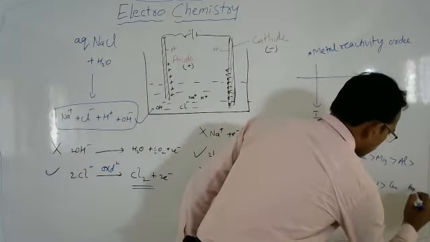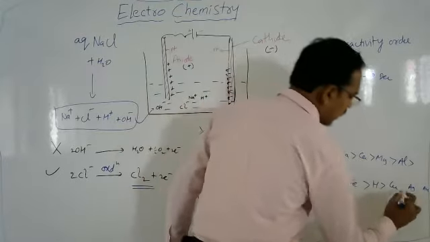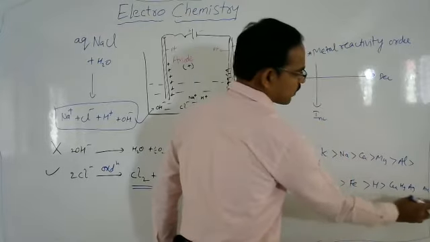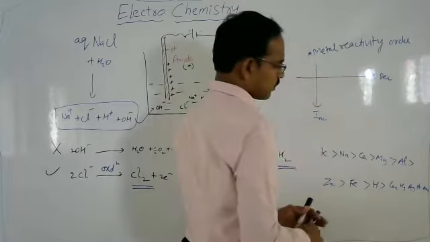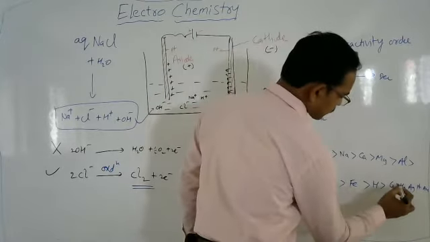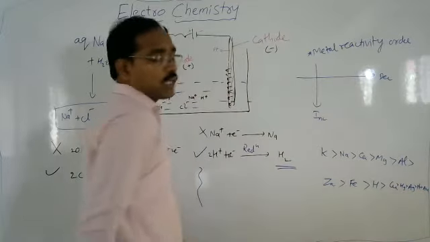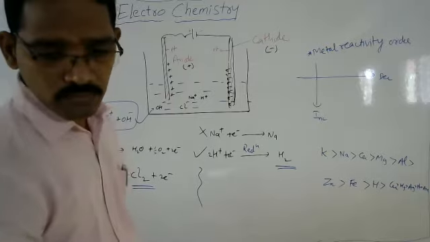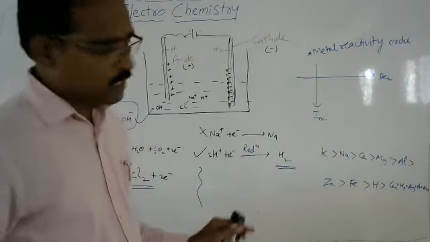In between silver and copper, mercury will come, and after silver, platinum will come. Okay, this is the reactivity order. If you know this, maximum cations will be clear.